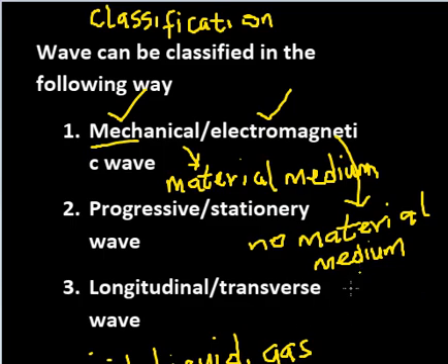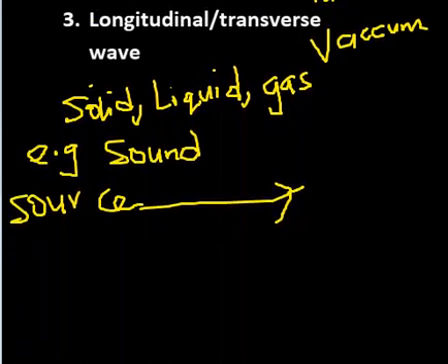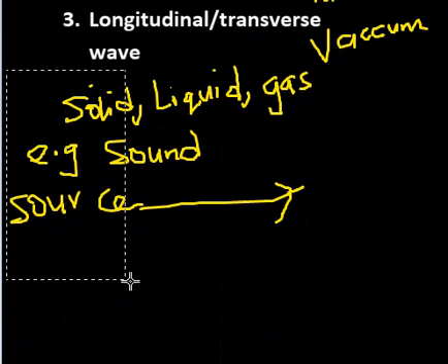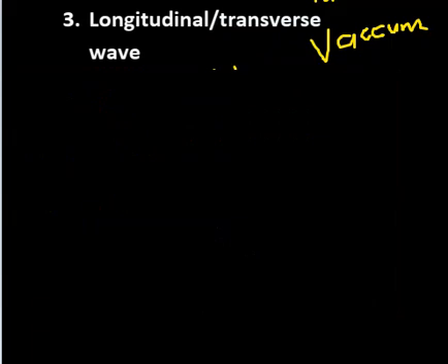Anytime in physics you hear of no material medium, we refer to it as vacuum. So an electromagnetic wave can travel in a vacuum: no material, no gas, no liquid. It doesn't need that. Though it can pass through it, it doesn't need it for its movement.